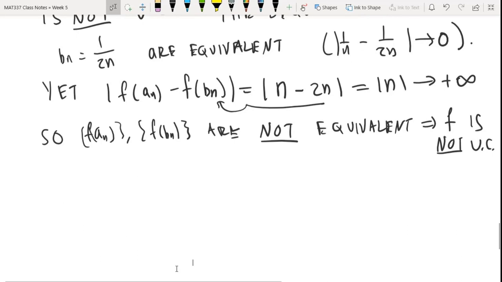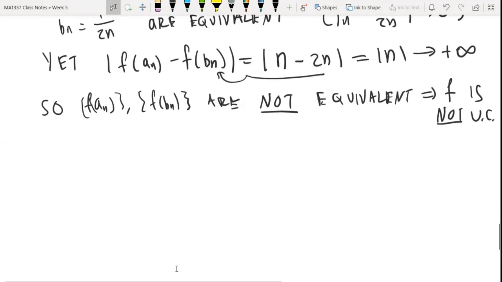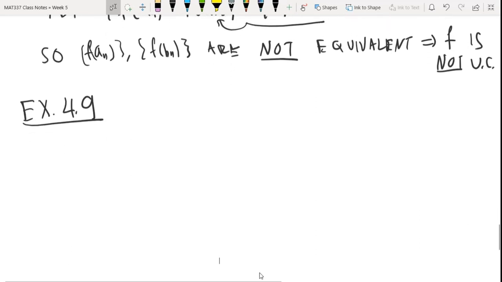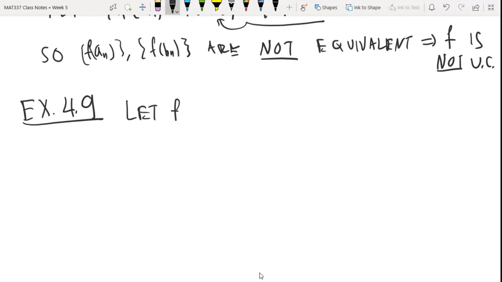I'll do one more example. It's fine. I want to really go into uniform continuity because you have many homeworks. So I want to do it carefully. All right. So let f be x squared, R to R. Okay. Right.